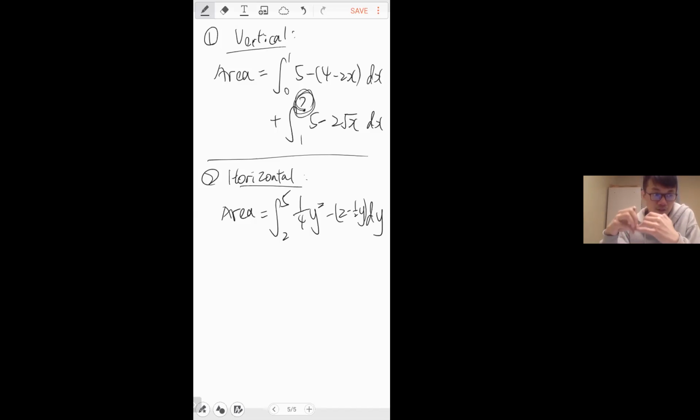I actually think that in this case, horizontal is much easier because I don't need to find out the upper limit. With vertical, I need to be careful which function I use. But then again, there are situations where you can only use horizontal, and situations where you can only use vertical. So you need to know how to do both. That's what I'm saying.